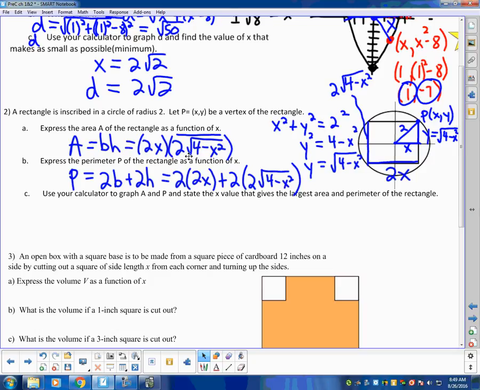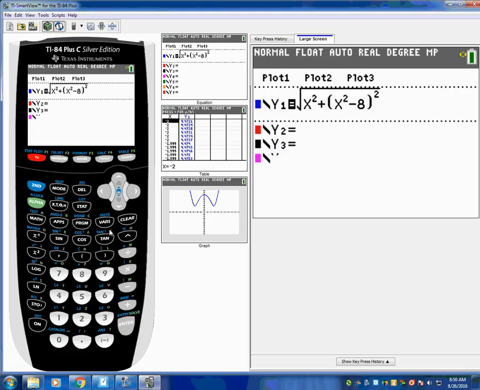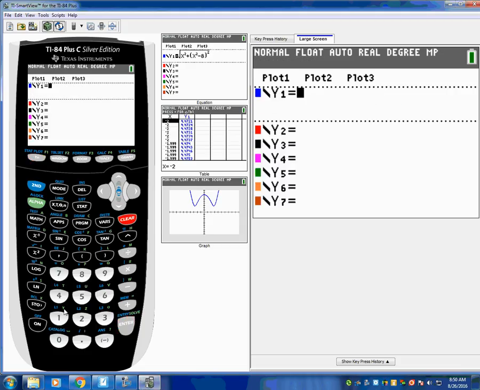What would be a simplified version of area up here? We could multiply the 2's together, right? So that might be worthwhile to do. So we have y equals 4x times the square root of 4 minus x squared, right?